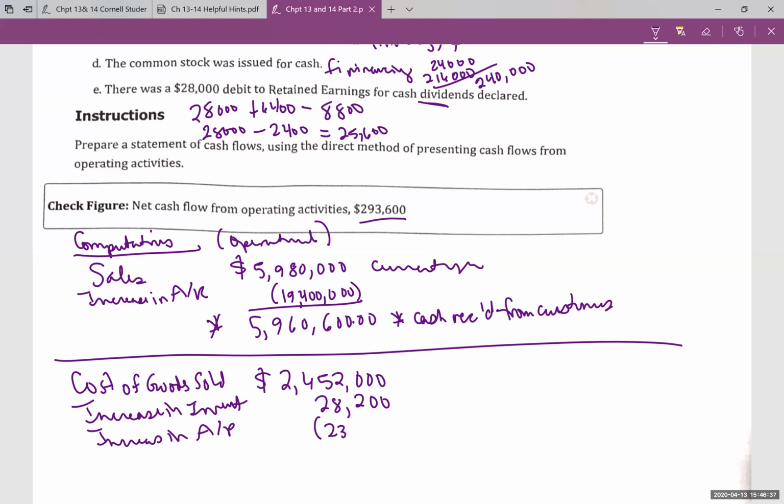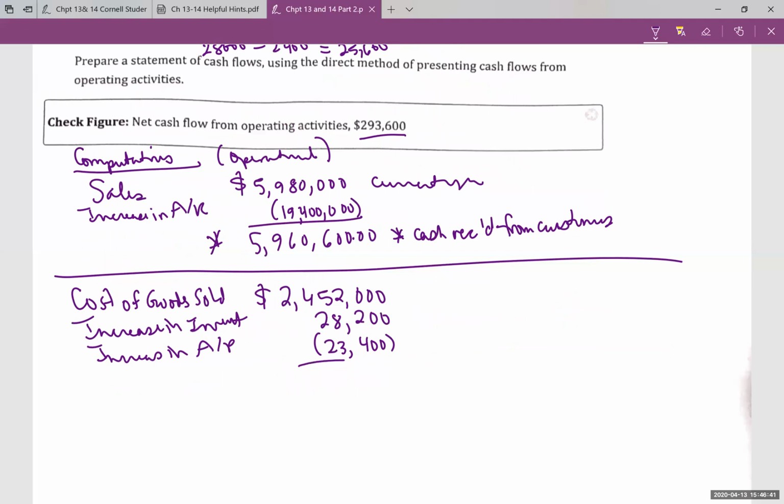We're going to subtract that amount. And so this number represents, let me give you the number, 2,456,800. This was a cash payment for merchandise.